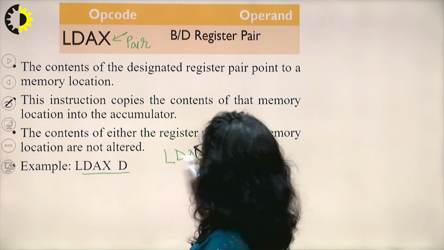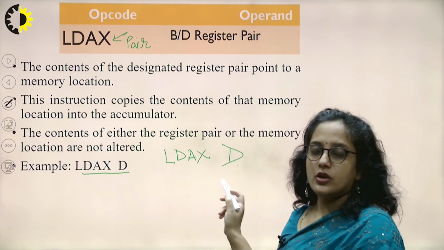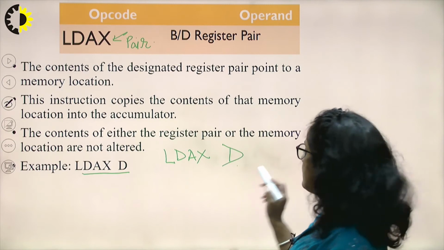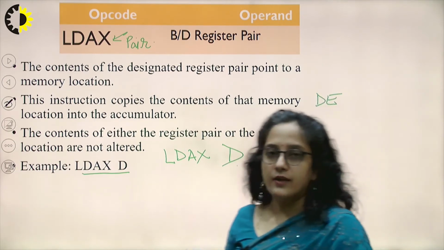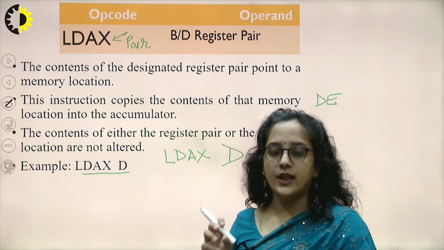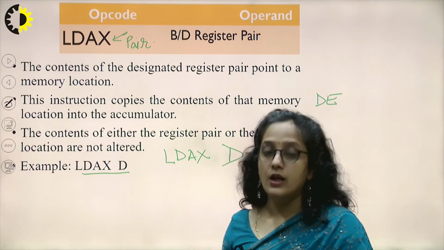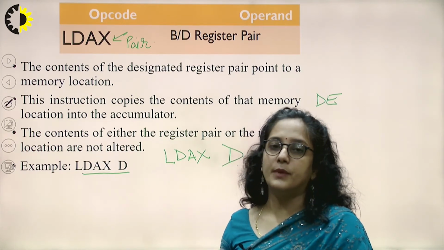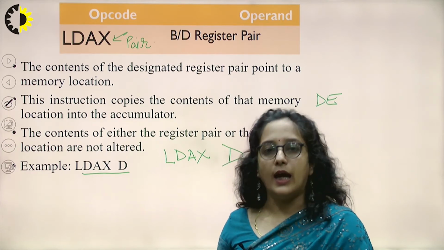For this example, this D is not considered single, it is considered as the DE register pair. The content of the DE register will become the address of a particular memory location, and the data at that memory location gets copied to the accumulator.